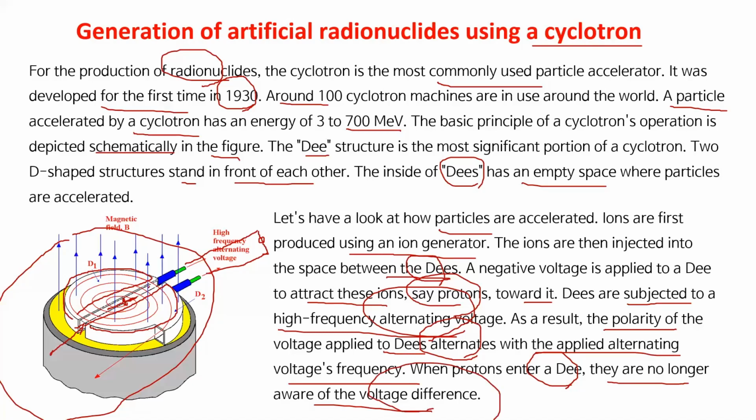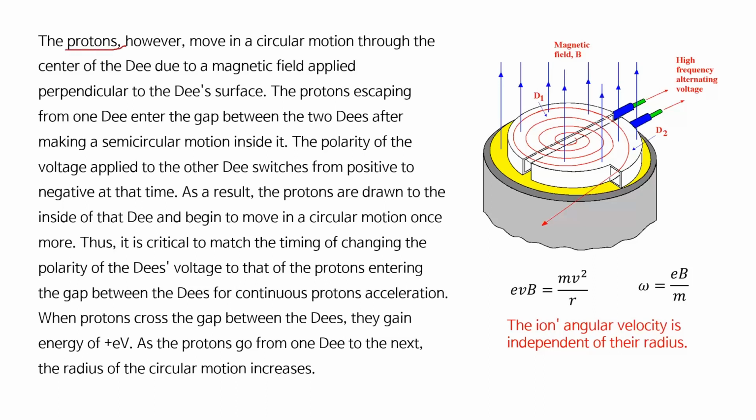So the proton is entering this D. The protons move in a circular motion through the center of the D due to the magnetic field applied perpendicular to the D's surface. So the magnetic field is applied perpendicular to the D surface. Then the protons undergo the circular motion inside the D.